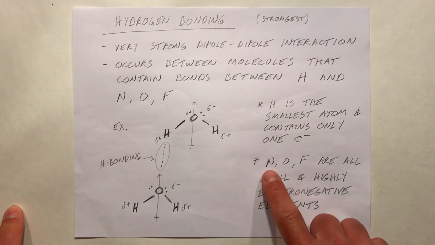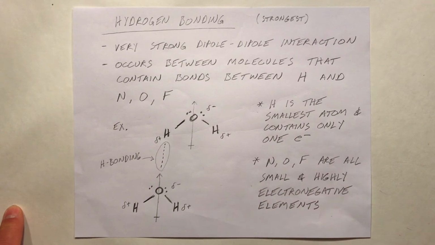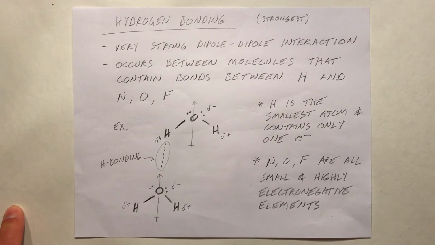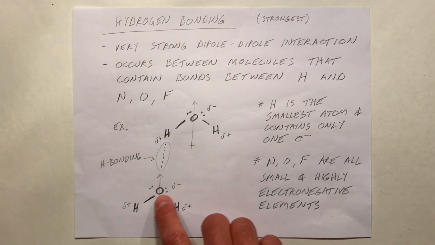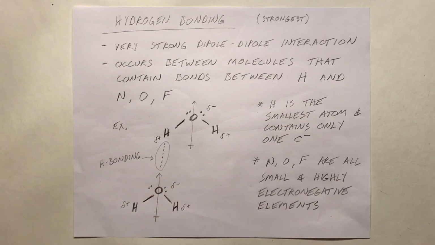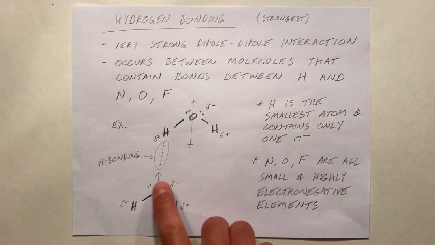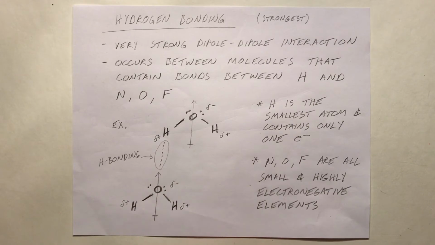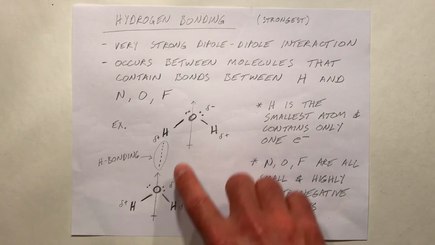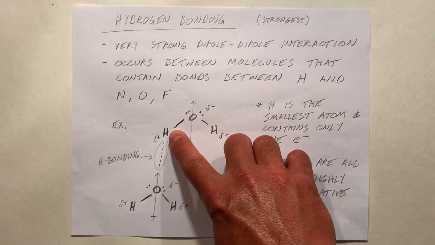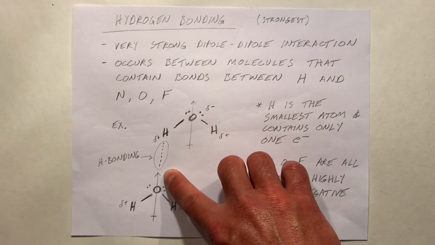Now also consider that nitrogen, oxygen, and fluorine are all elements from the upper right-hand corner of the periodic table. That means because they're in period 2, they're very small and they're highly electronegative. So consider this oxygen right here. Not only because it has a big electronegativity will it have a large distribution of electrons around it, but it will be a relatively small atom, and that will allow this hydrogen from this molecule to get close.